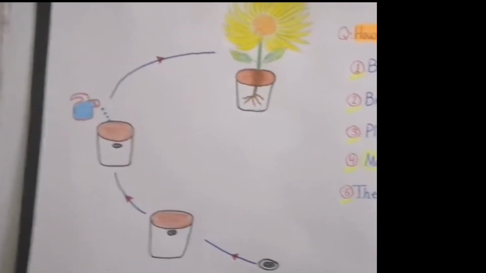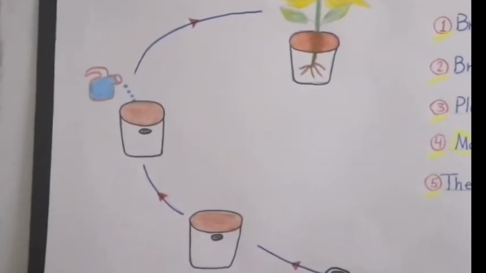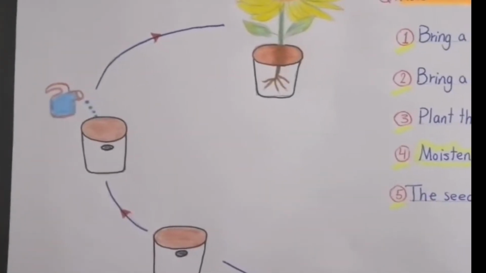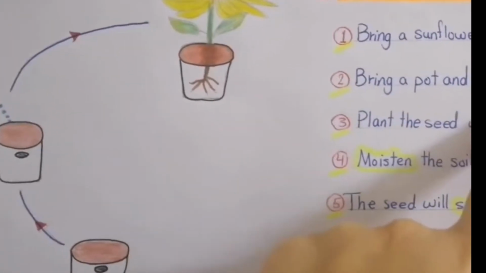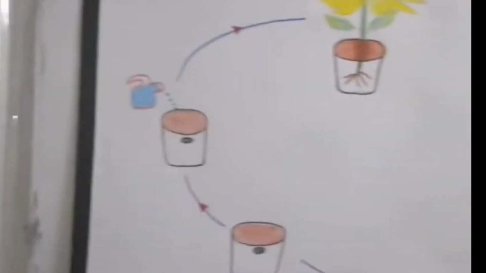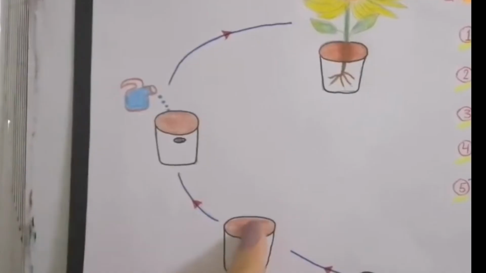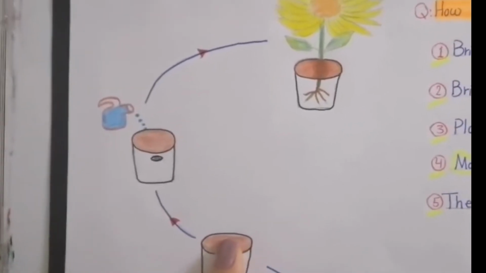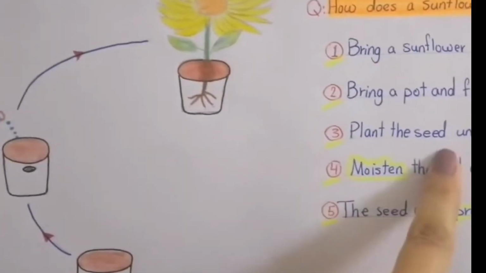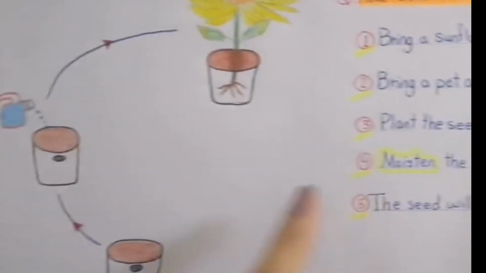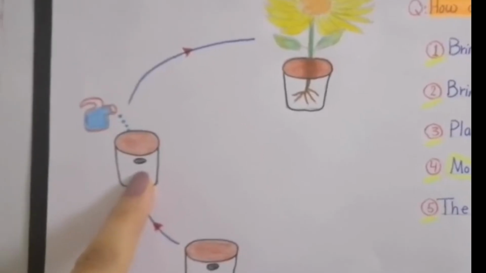Like here in the diagram, I bring the sunflower seed. Then I bring a pot and fill it with soil. See the pot, I filled it with soil. It comes from the ground. Then we will plant the seed under the soil.